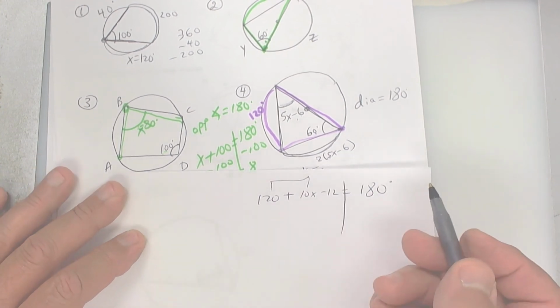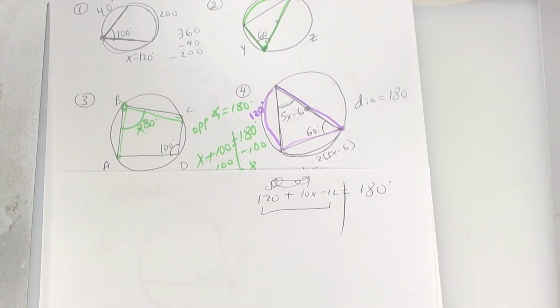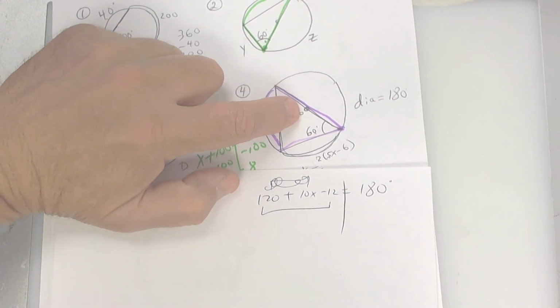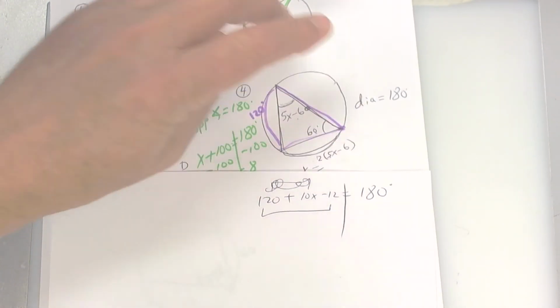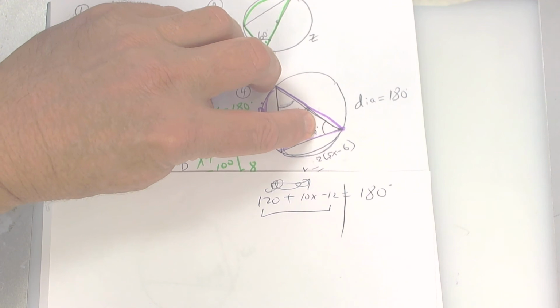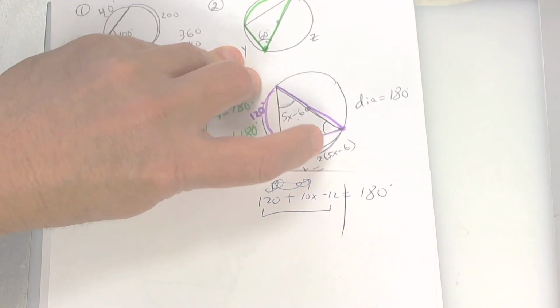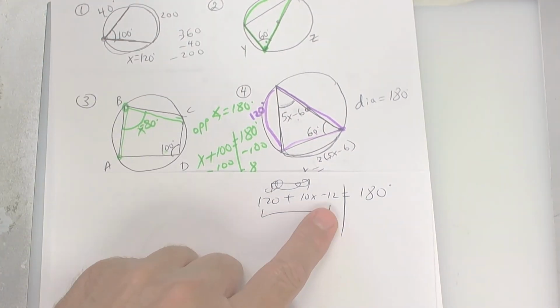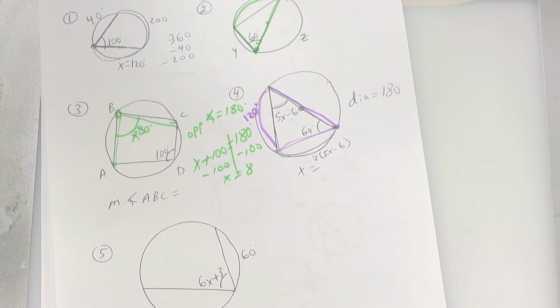You combine like terms, and then you solve this, and you'll have your answer. Okay, so notice what I did. It's a diameter, so this arc is 180. It's half a circle. You got to memorize that. I took the 60, it's an inscribed angle, I doubled it. I took the 5x minus 6 and I doubled it. And then I added those two up and I set it equal to a diameter. All right, they're a little tricky, but here we go.